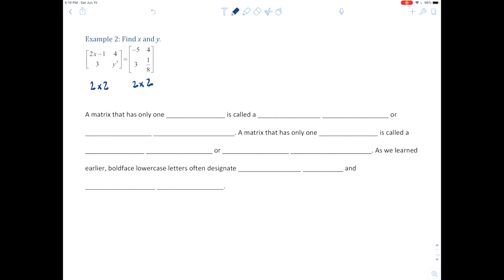All right, so let's go ahead, and what would we equate 2x minus 1 to? Beautiful. -5, because 2x minus 1 and -5 are in the first row, first column of each matrix.